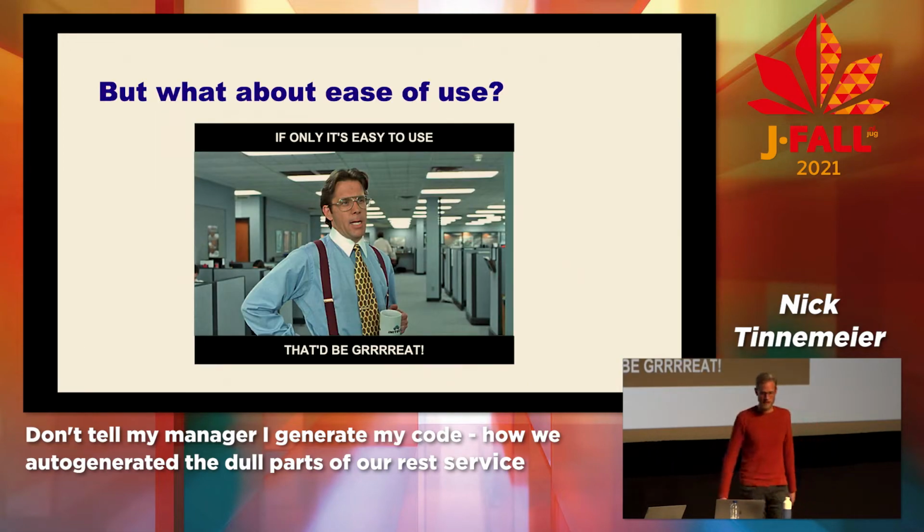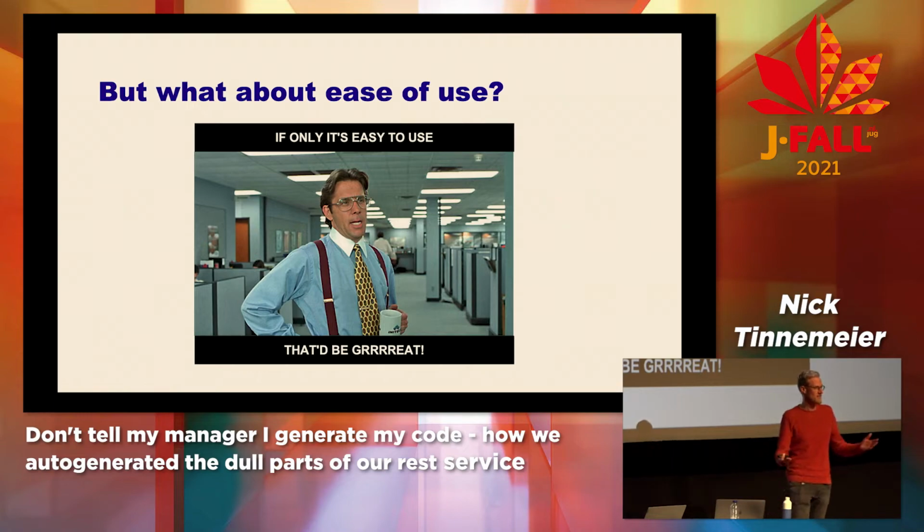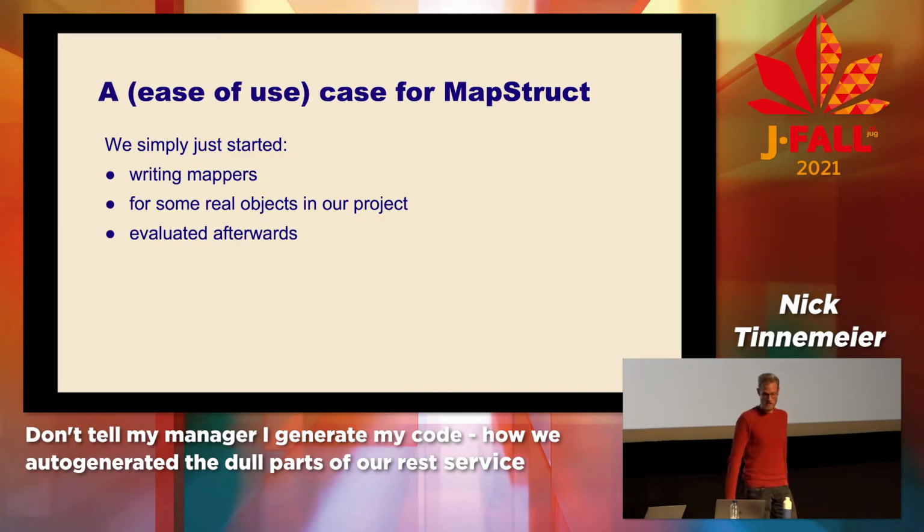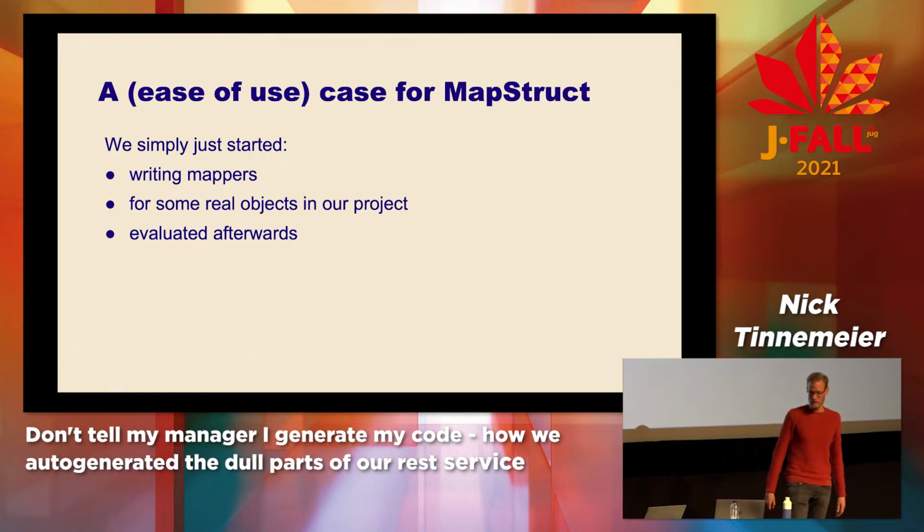But what about the ease of use then? Like I said, does it make sense to replace one tedious task by another? And there's actually only one way to figure that out, right? Just start using it. Like Sander said, go experiment with it, keep it small, and that's just what we did. We started by just writing a few mappers for some real objects in our project and evaluated afterwards.